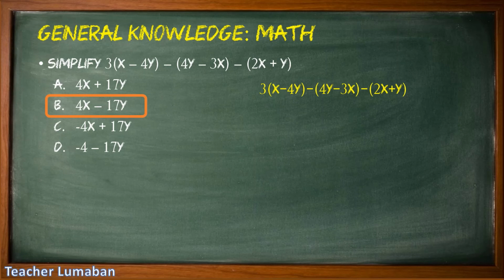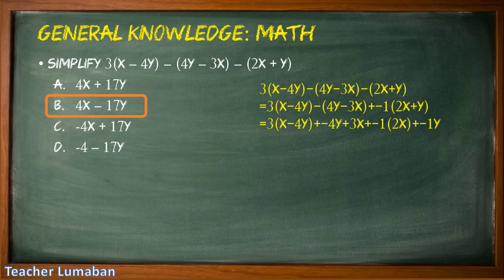Equals 3x minus 4y, minus 4y minus 3x, plus negative 1 times 2x plus y. Equals 3x minus 4y, plus negative 4y plus 3x plus negative 1 times 2x, plus negative 1 times y.